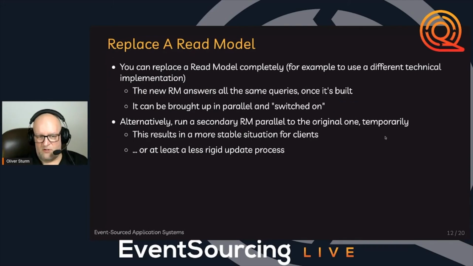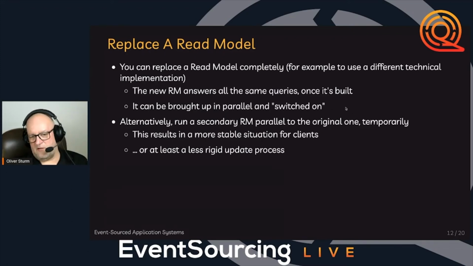Alternatively, I can run a second read model in parallel to the original one, perhaps temporarily. I don't know if my words on the slide are actually perfect here. The difference that I intend to convey is mainly that it depends on where the switch happens, right? On the one hand, let's say I'm using some sort of a message passing system in my architecture, and I've got this message that triggers the read model, or maybe a query endpoint or something like that.